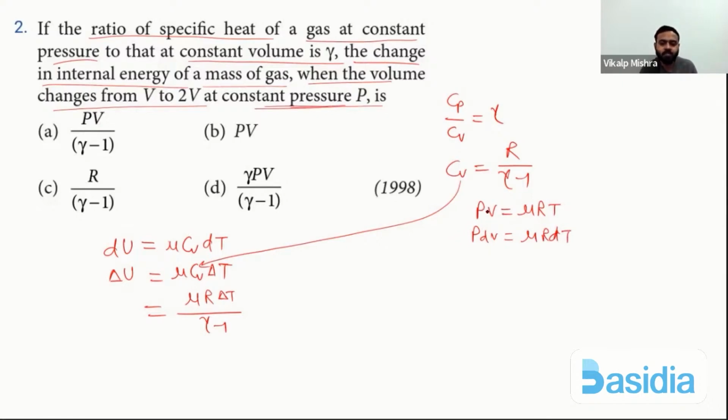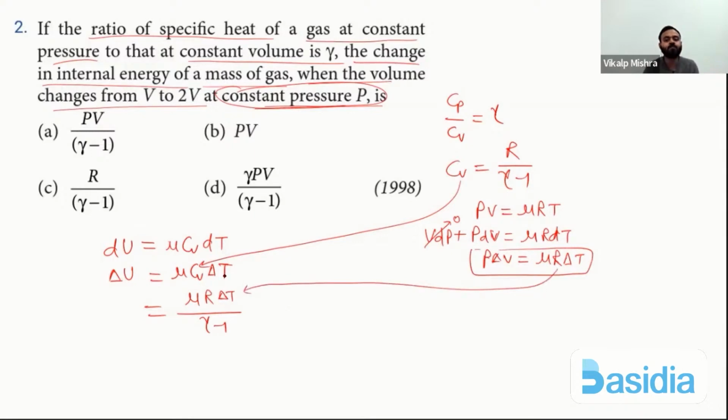See, by differentiating PV we get PdV plus VdP, and since it is a constant pressure process, this becomes 0. So PdV equals mu R dT, or we can say P delta V equals mu R delta T. This mu R delta T value we put here, so we get P delta V divided by gamma minus 1.